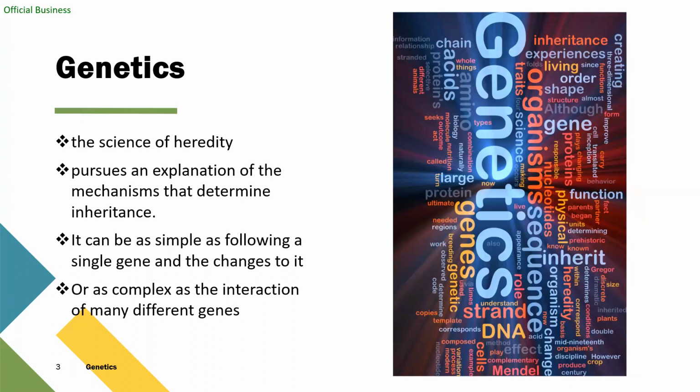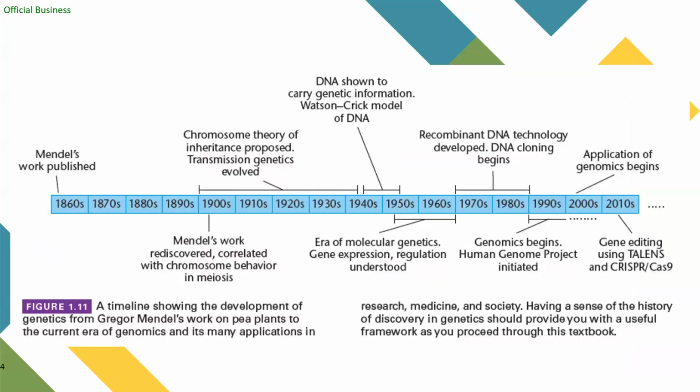It can be a simple idea, such as following a single gene and looking at changes to that gene as time passes, or it can be as complex as the interaction of many different genes. Here is the timeline of the field of genetics, which started with Mendel in 1860.